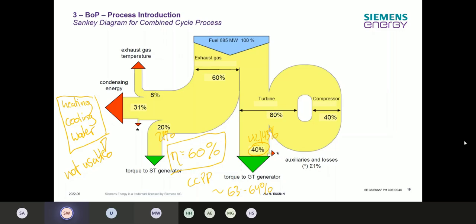So the cooling water will be heated up, and the condensation process is happening, and then the cooling water increases its temperature, and this cooling water is then sent to the air with the cooling tower, etc. But this is not used at the moment in most power plants. So these are these 31% over here.